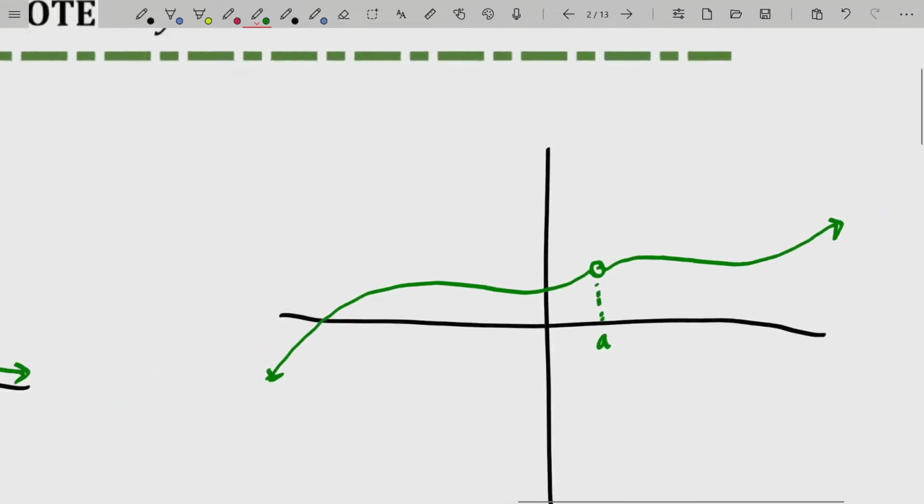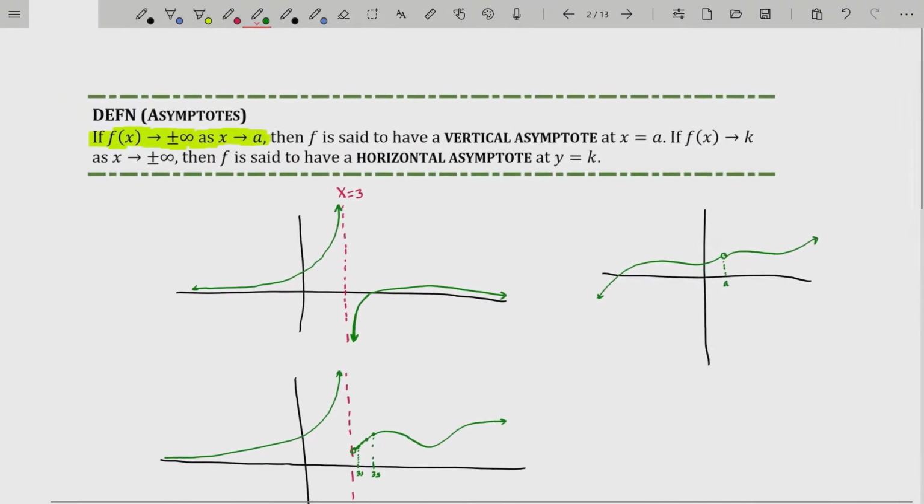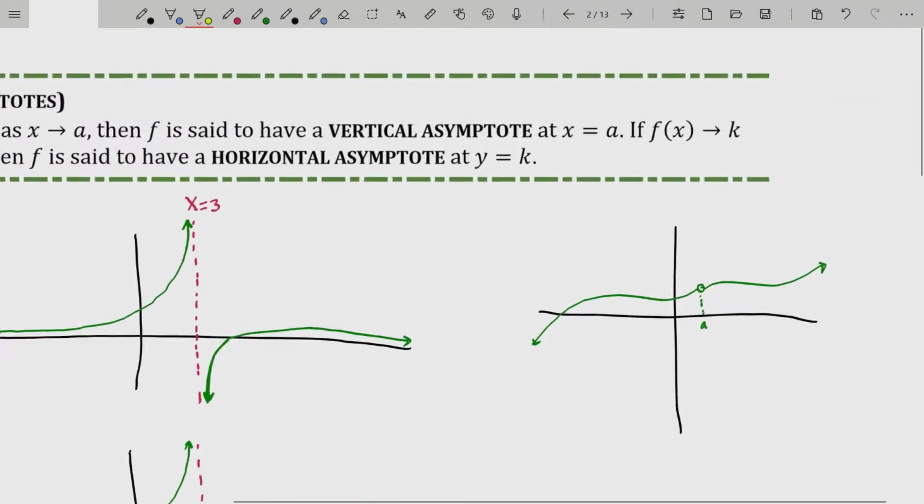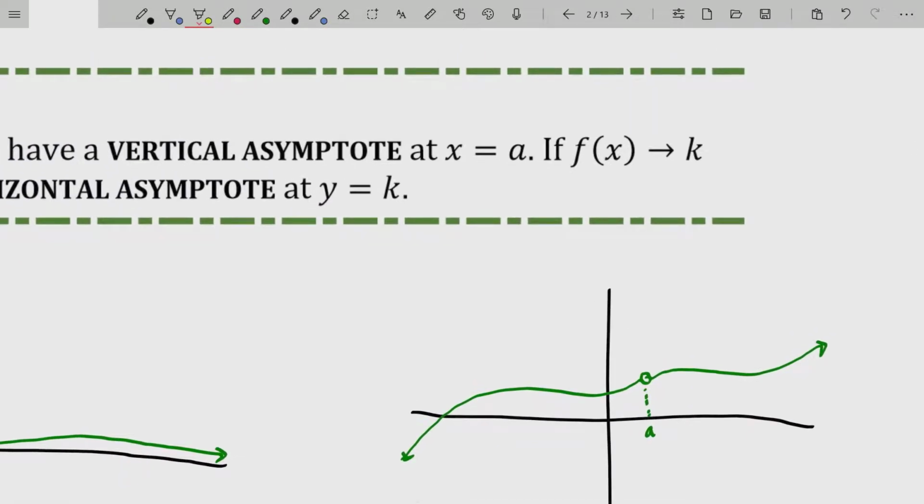Now let's spend a little bit of time just recalling what a horizontal asymptote is. So I'm going to erase this highlighter, and now we're going to focus quite a bit on the horizontal asymptotes. So if our function values, again, these are y values, that's what a function value is.